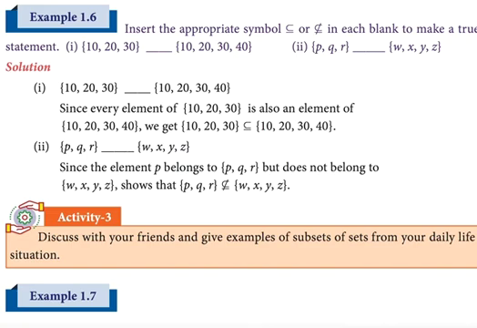I am not going to insert those symbols here, but I will tell it orally. {10, 20, 30} is a subset of {10, 20, 30, 40}. {P, Q, R} is not a subset of {W, X, Y, Z}.